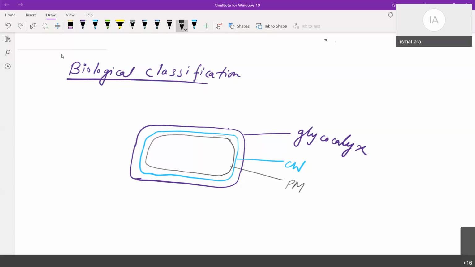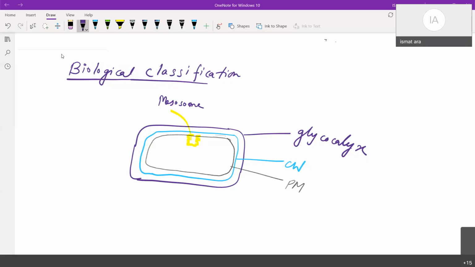Now, inward invagination of the plasma membrane is called mesosome. Suppose this plasma membrane has inwardly invaginated like this. This structure is called mesosome.